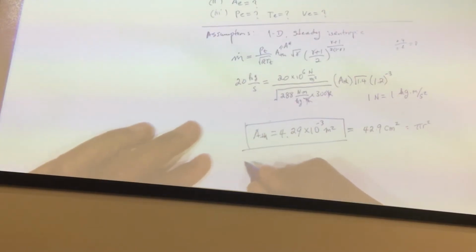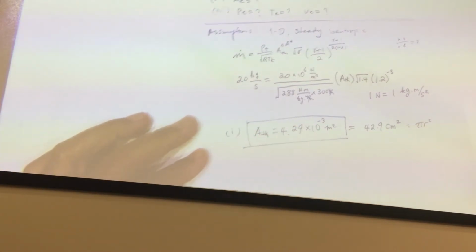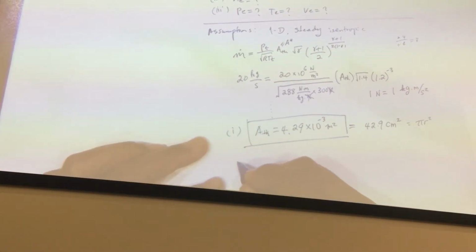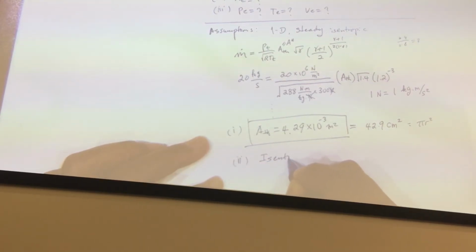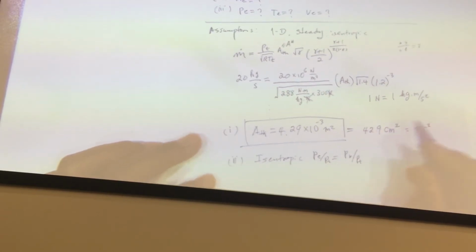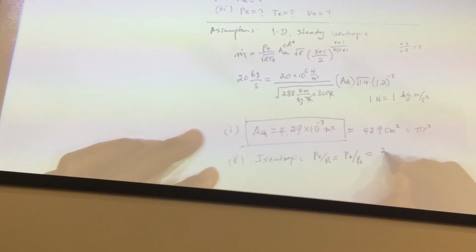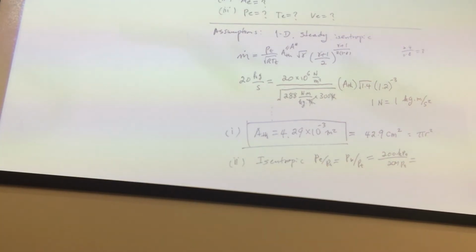Now, the second part, what is your AE? So this is the first part. Now, second part, isentropic, PE over PT is equal to 200 kilopascal divided by 2 megapascal. So that value is pretty small.